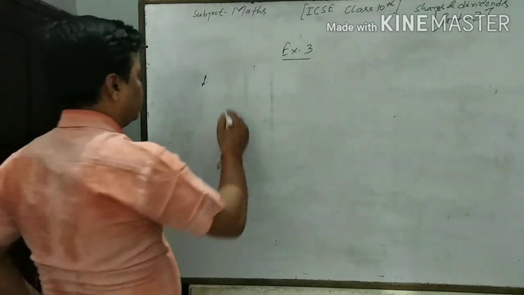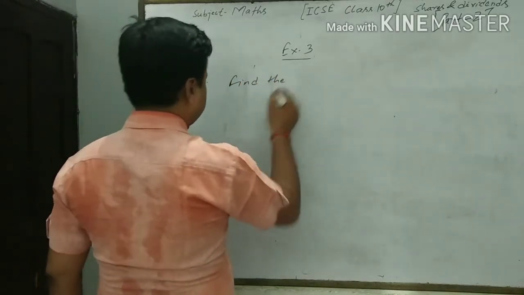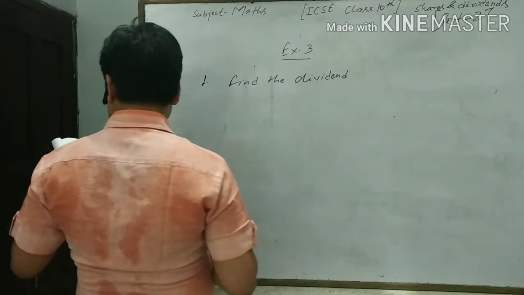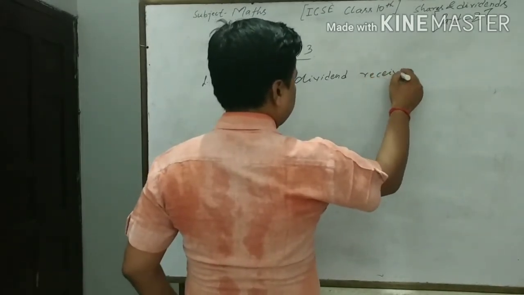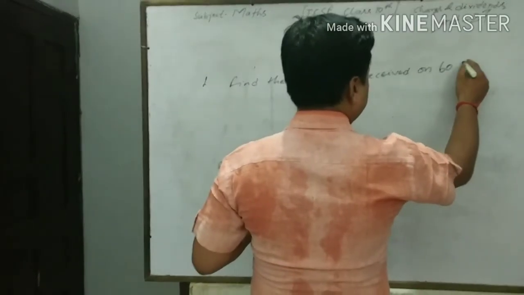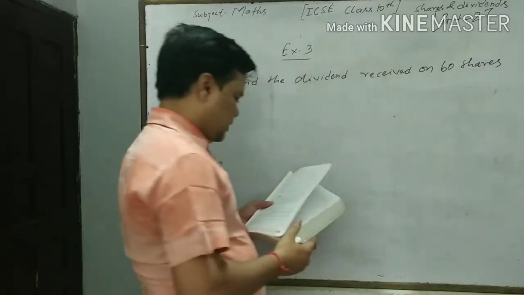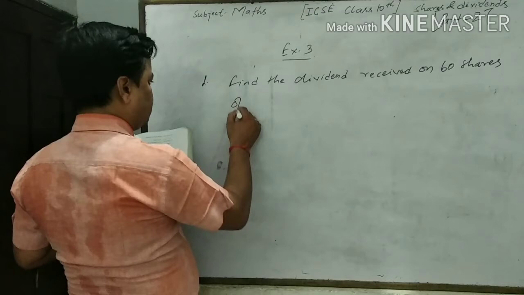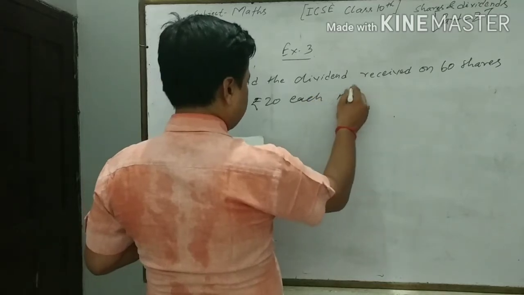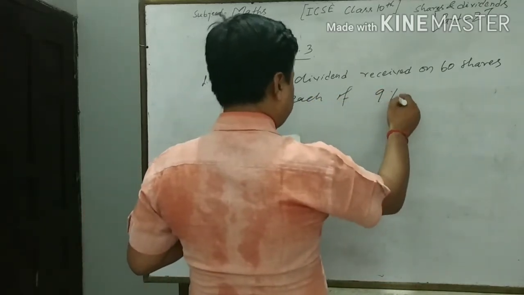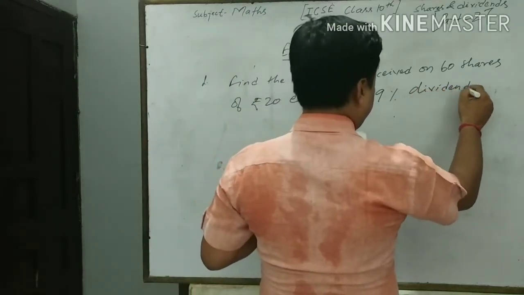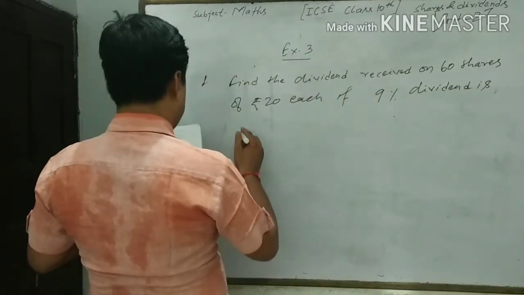The first question is, find the dividend received on 60 shares of rupees 20 each if 9% dividend is declared.